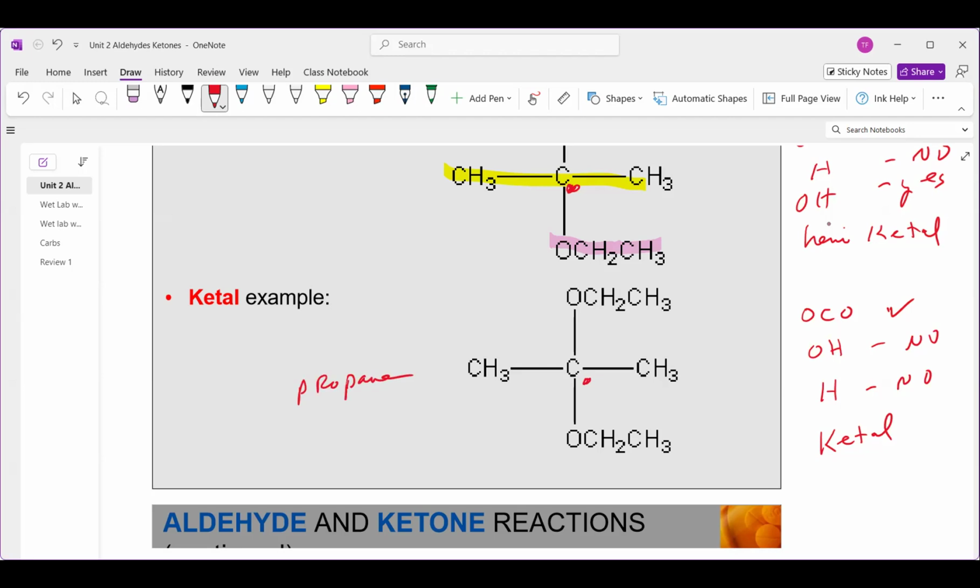Carbon number 2, we've got an ethoxy. 2 carbons, ethoxy, and they're the same. So we have a 2,2-diethoxypropane. But I don't get into naming these in my class. They're not that hard, but it's good enough to memorize.